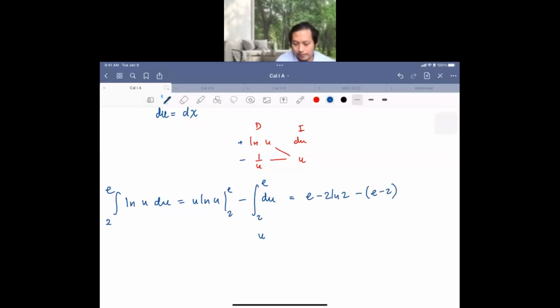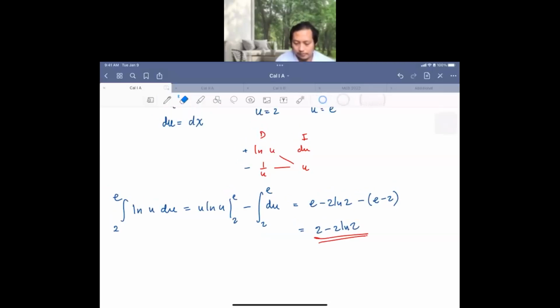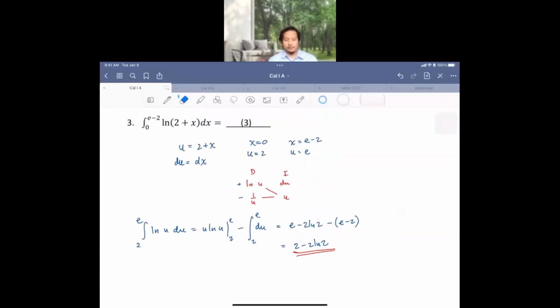So we will have 2 minus 2 ln 2. Okay, I think it's not too complicated. We just use substitution and then integration by parts.